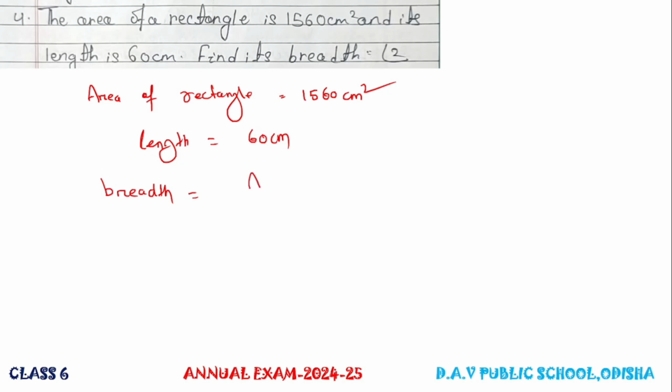The breadth formula is area divided by length. So breadth equal to 1560 by 60. 0 cancel. 6 twos are 12, 6 sixes are 26 centimeter. Therefore, breadth of the rectangle is 26 centimeter.